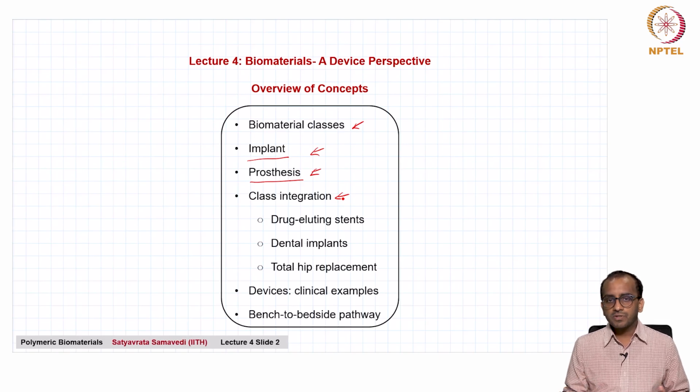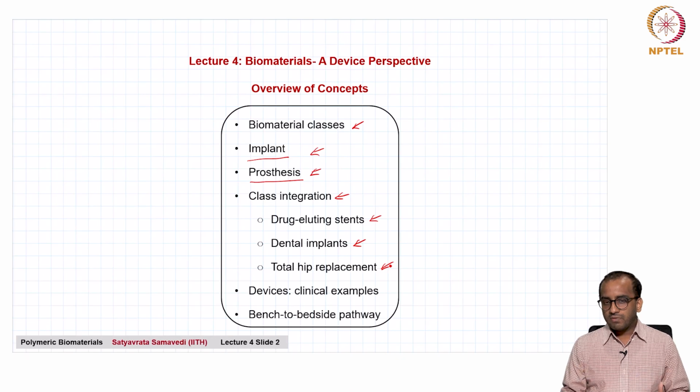And then we will see examples of how specific classes of biomaterials, namely metals, ceramics and polymers in different forms and shapes can be integrated, either two of them together or sometimes all three of them together, depending on the application as part of a device. And there we will look at a few examples, namely drug-eluting stents, dental implants, and then total hip replacements.